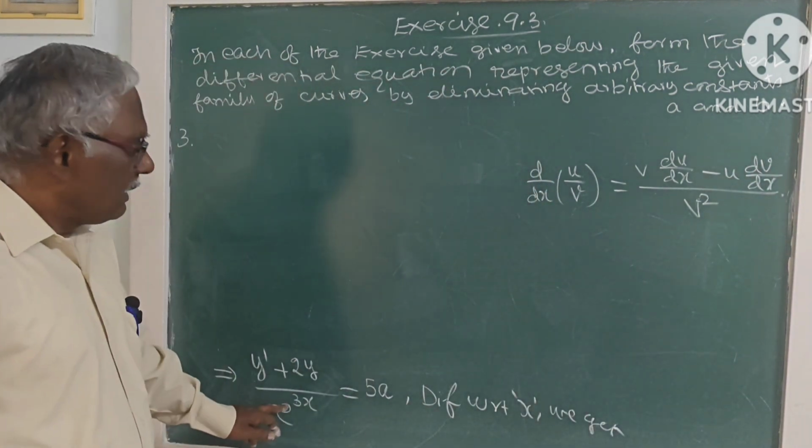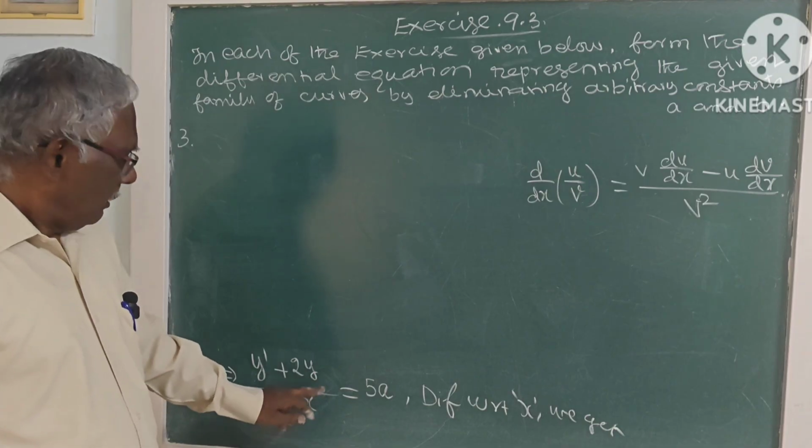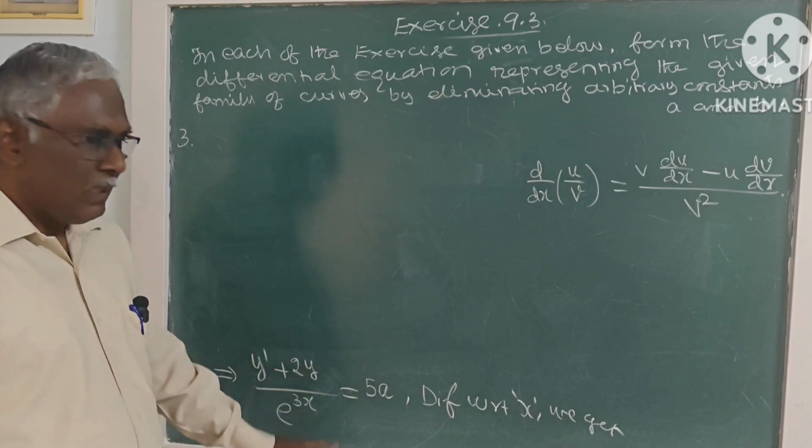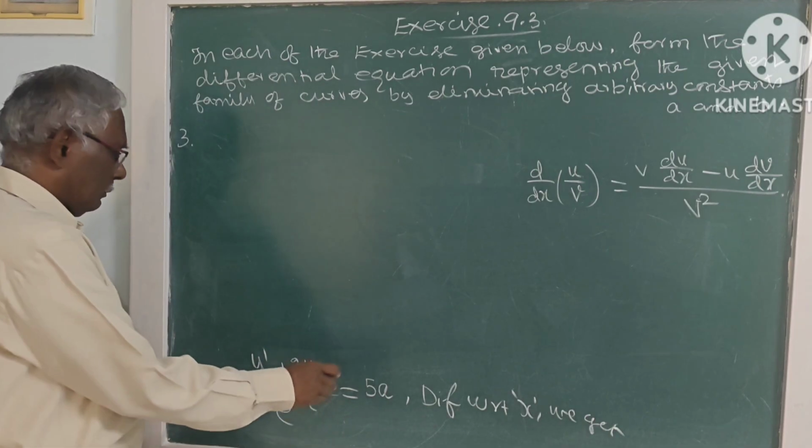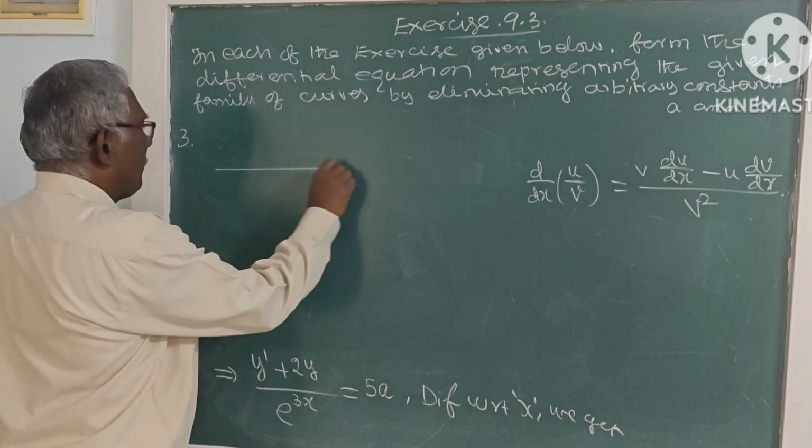In our problem, e power 3x is in the place of v and y dash plus 2y is there in place of u.